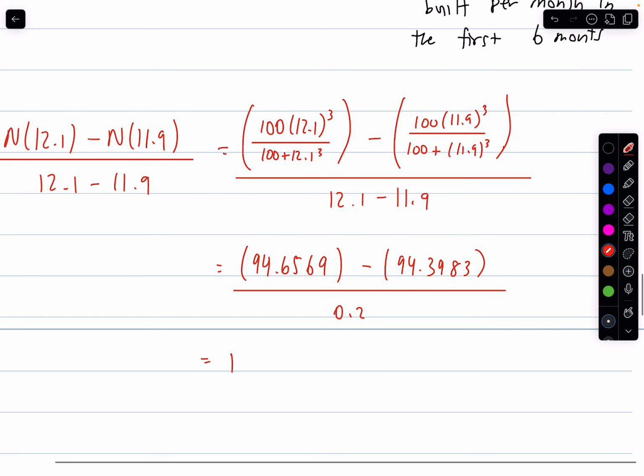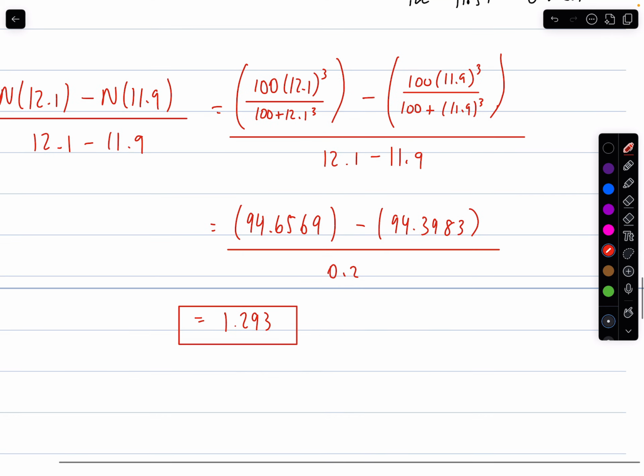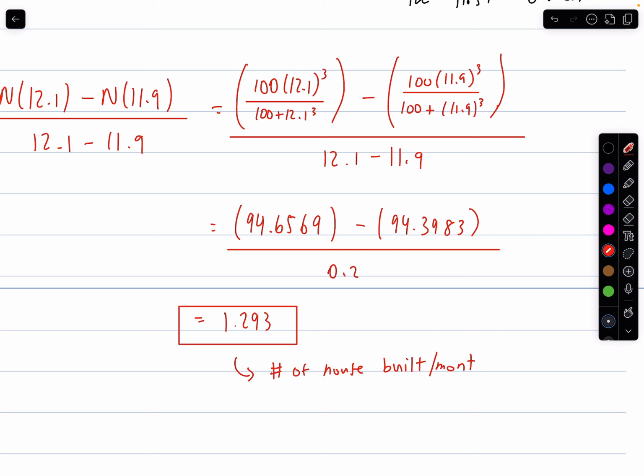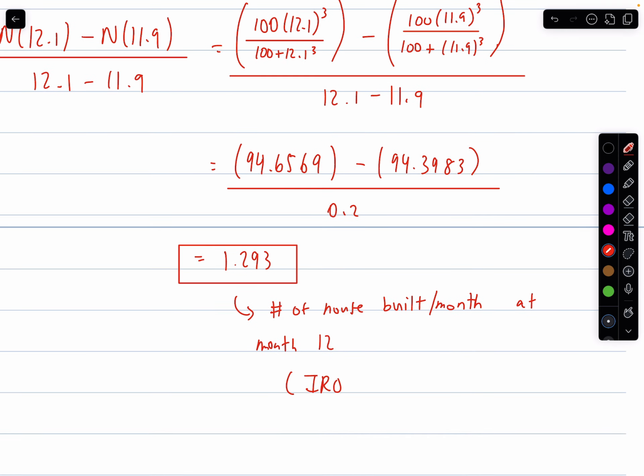You end up with 1.293 as your answer. Now, what is this? This basically tells us this is the number of houses built per month at month 12. So remember, this is an IROC question.